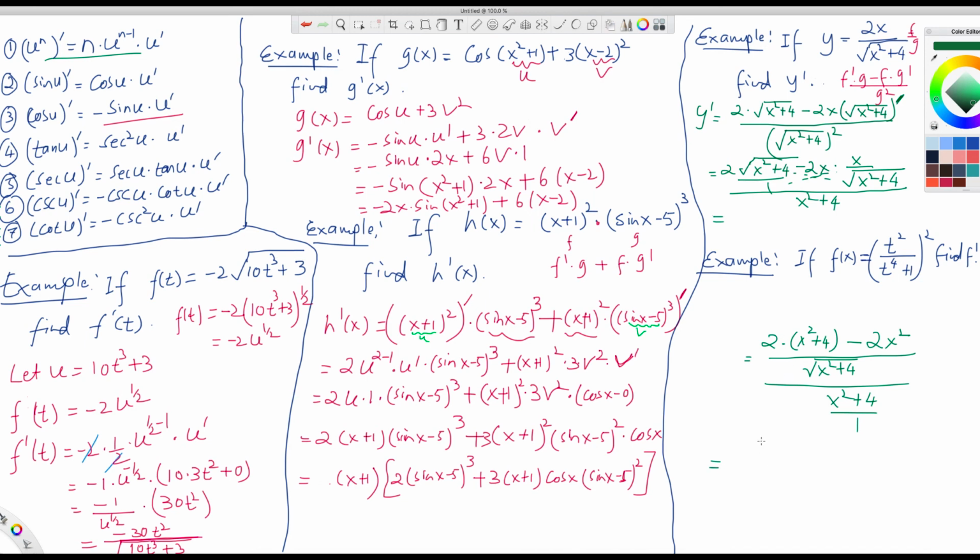Let me FOIL the numerator first. 2x squared plus 8 minus 2x squared over root under x squared plus 4, right, times 1 over x squared plus 4, like that. Now you can cancel this negative 2x squared and positive 2x squared. This is just the algebra concept, right? So just simplifying. So what you get is 8 over x squared plus 4 to the 1 half.